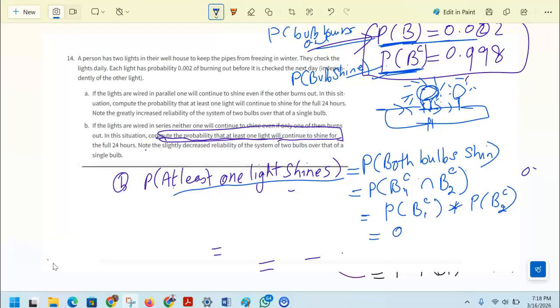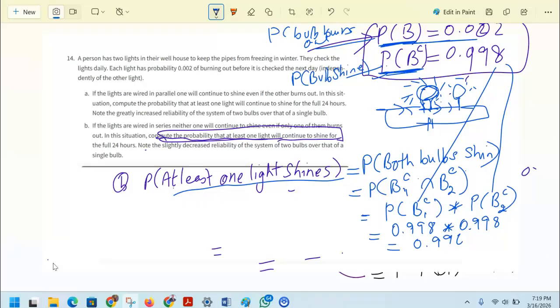We already worked this piece out, so we put it in both places. So this will be 0.998 times again 0.998. And if we do a little calculation, you get 0.99604. And you're done.